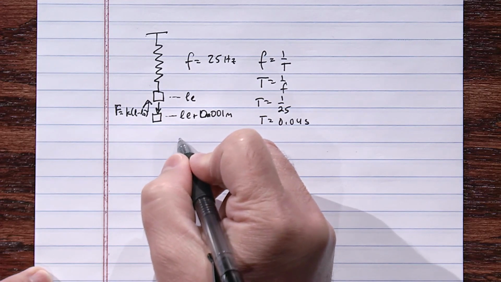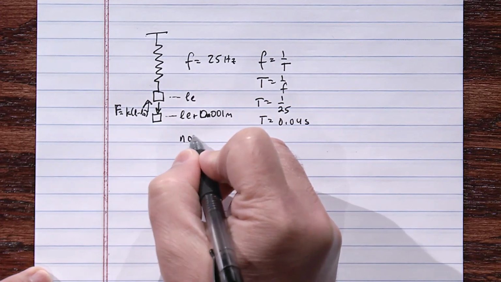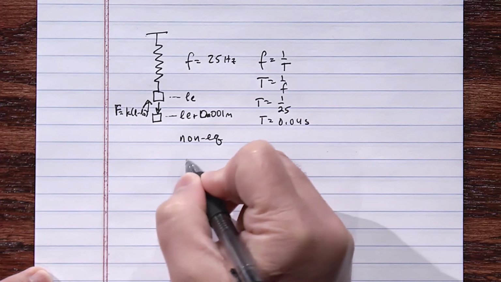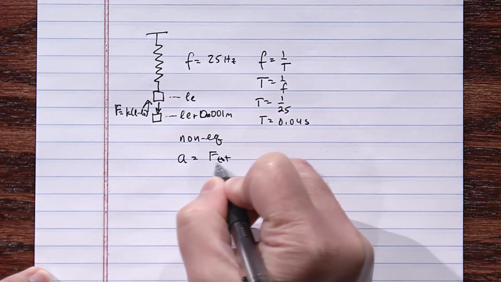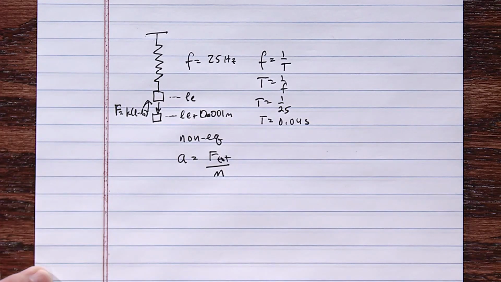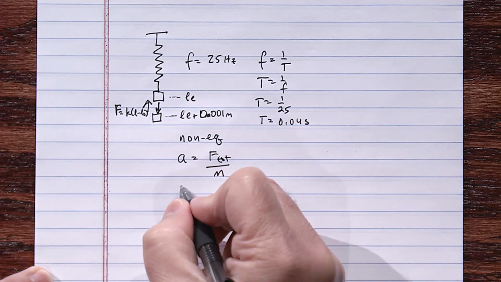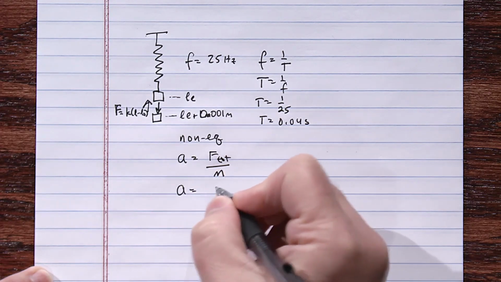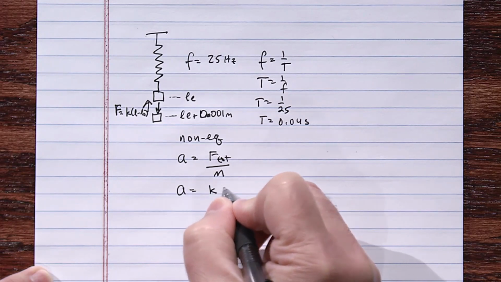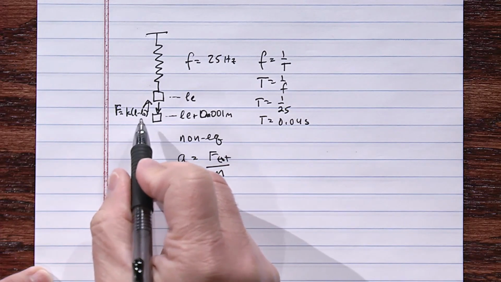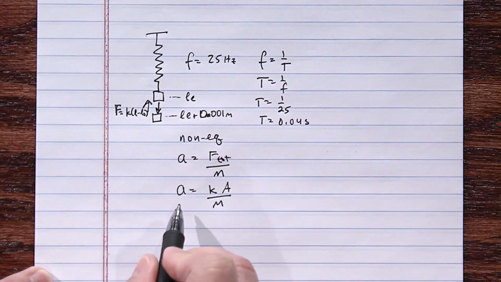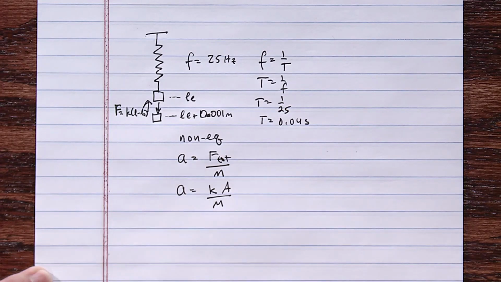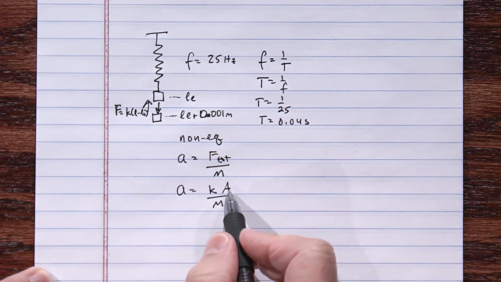So this would be a Newton's second law situation, or a non-equilibrium situation. And we have the acceleration is equal to the total force divided by the mass. Acceleration is equal to K times the stretch in the spring, which would be equal to the amplitude, divided by the mass. And so we see that the acceleration depends on K divided by M times the amplitude.